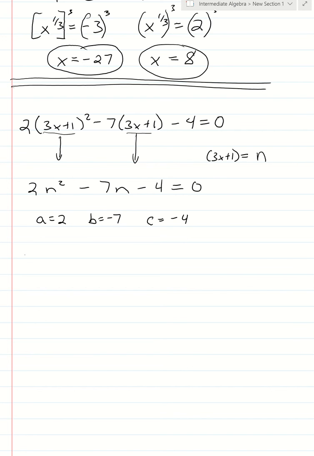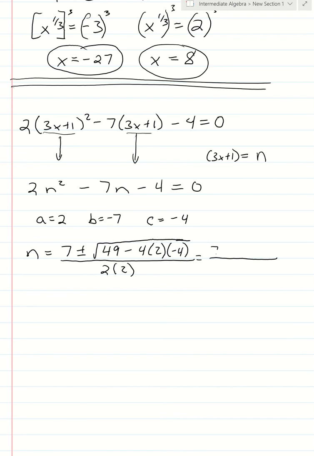In which case, if we recall the formula, n is going to equal the opposite of b, which is 7, plus or minus the square root of b squared, or 49, minus 4 times a, which we know to be 2, times c, which is negative 4, all divided by 2 times a, which is still 2. Well, let's simplify this. So we still have 7 plus or minus. Now let's see what we can do underneath that radical.